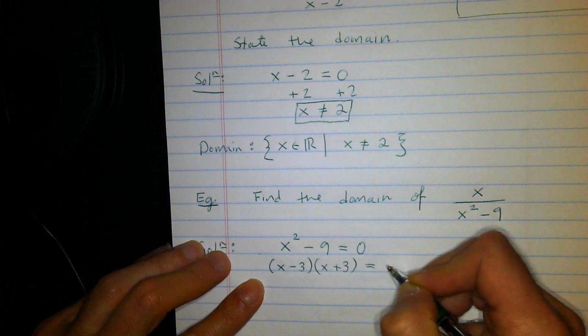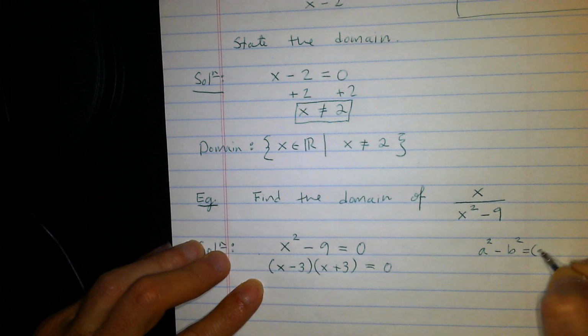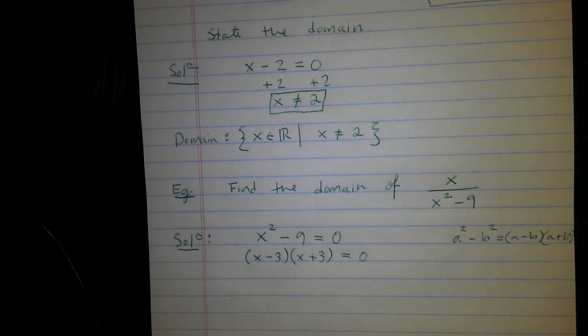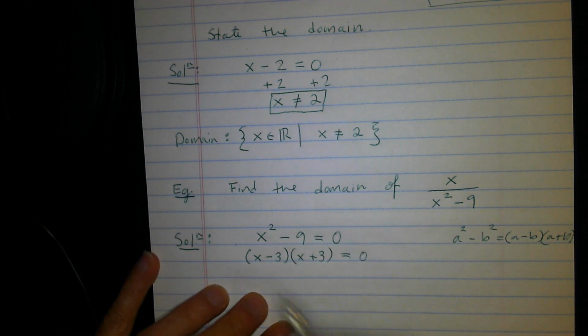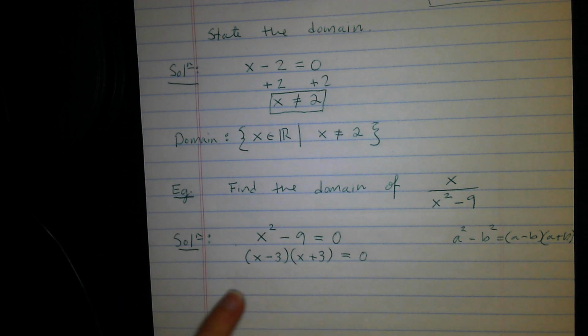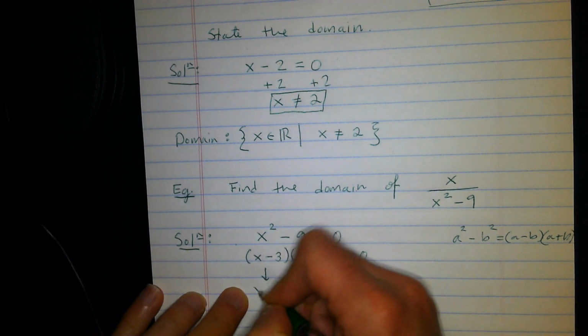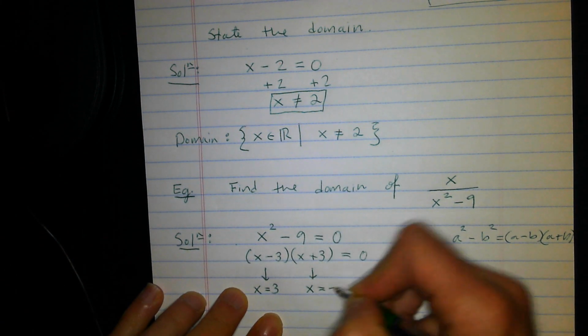And for those of you that don't remember the difference of squares, it just says a squared minus b squared equals a minus b times a plus b. Okay, now we have the zero product property. We apply that here, set each factor equal to 0 and solve. Here we get x equals 3, and here we get x equals minus 3.